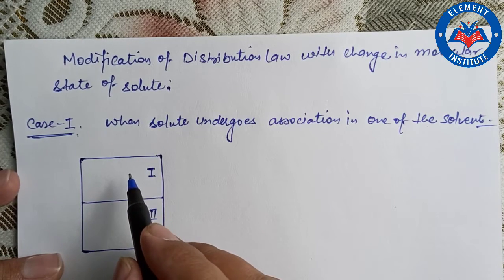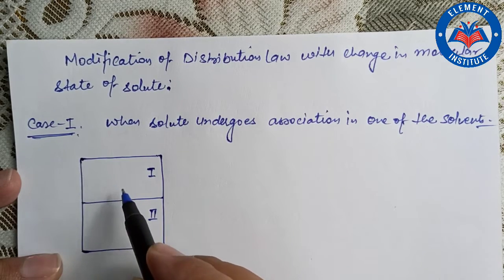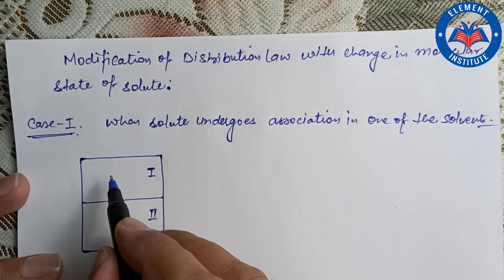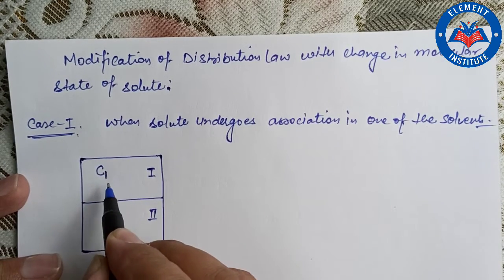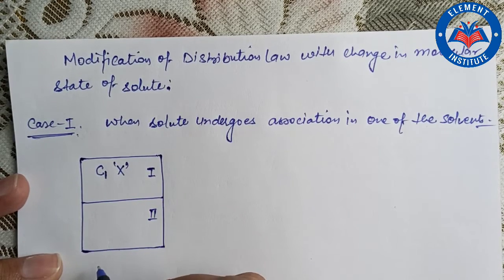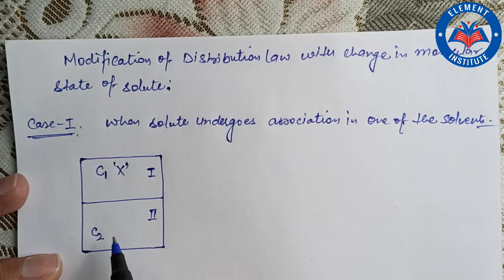As we know, the distribution of that solute will be different in both the liquids. So suppose C1 is the concentration of the solute, that is X, in liquid 1, and C2 is the concentration of solute X in solvent 2.